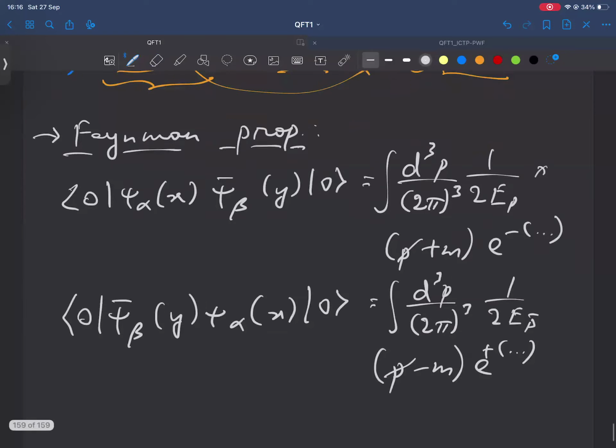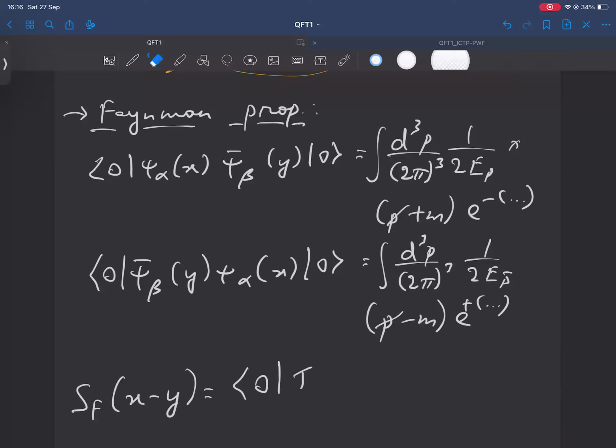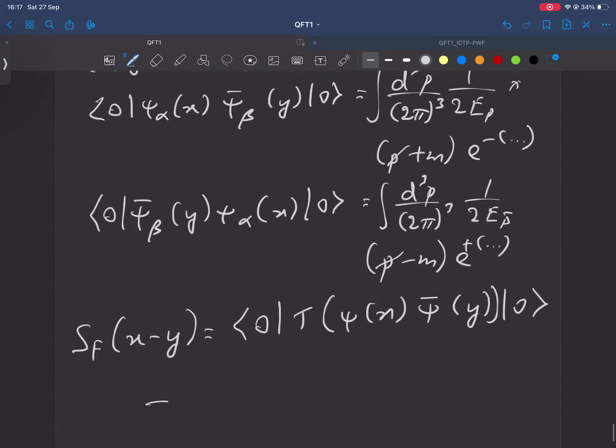Okay, so when we have these things, we define the Feynman propagator SF x minus y as the time ordered thing, sorry, the time ordered psi x psi bar y. Okay, and what does this time ordering do?